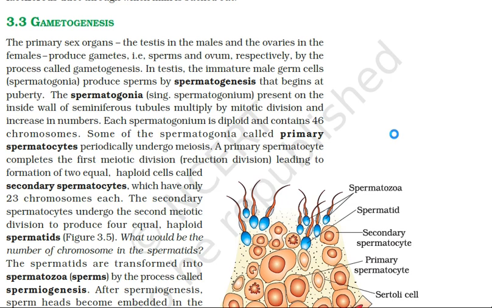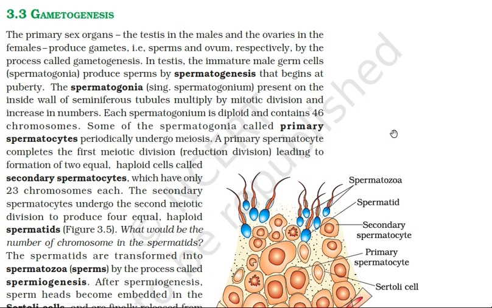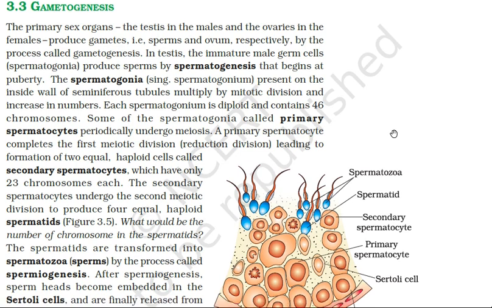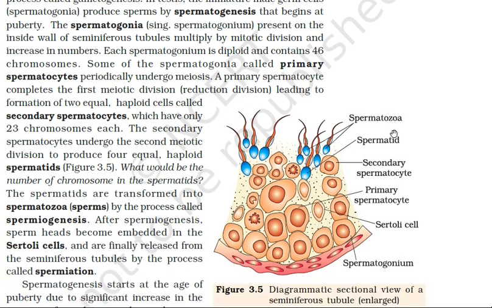Each tubule contains two types of cells. They are germinal epithelial cells and Sertoli cells, which you can observe in the given figure 3.5.